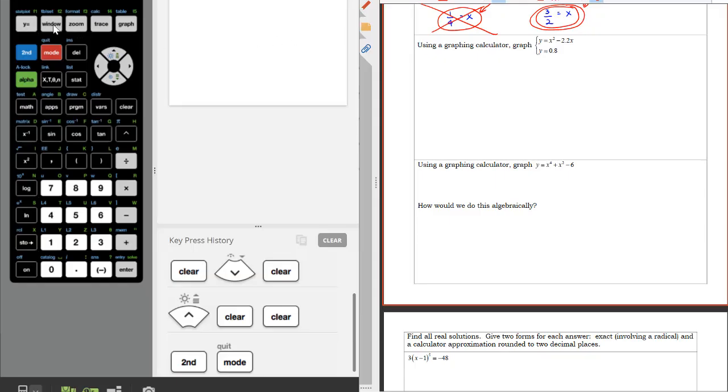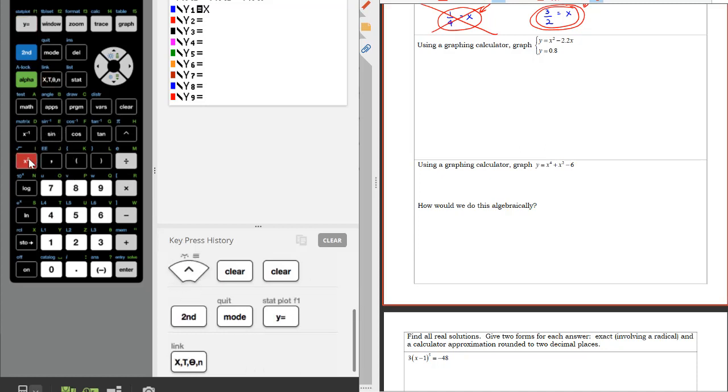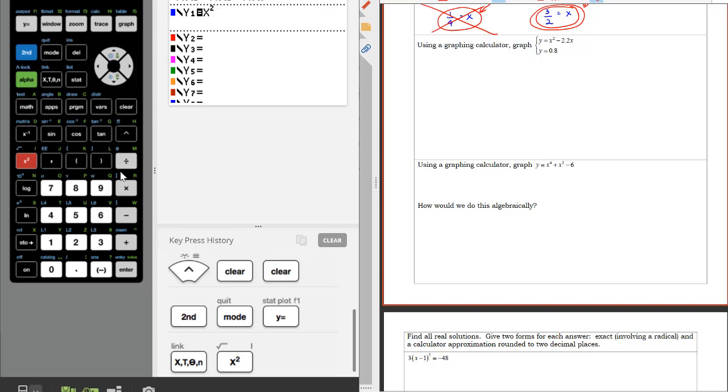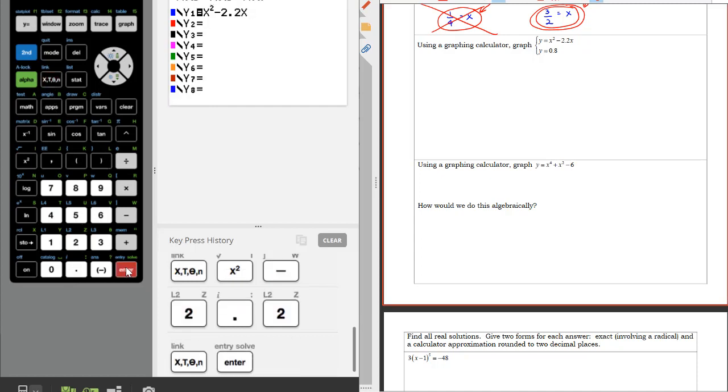Alrighty, so let's go to y equals, and let's pop in those two functions. First is x squared subtract 2.2x, enter. And the second is y equals 0.8.